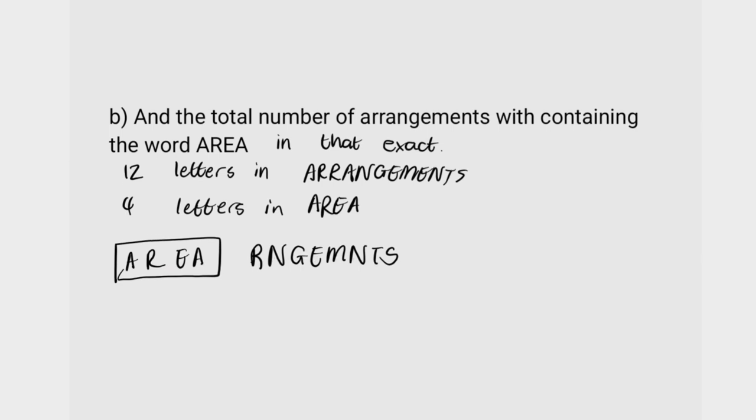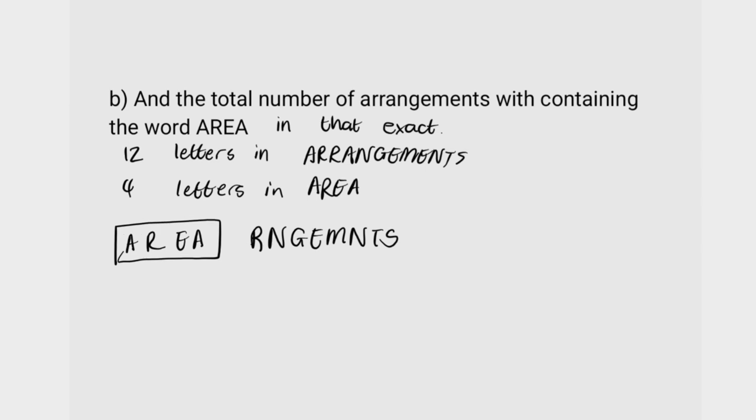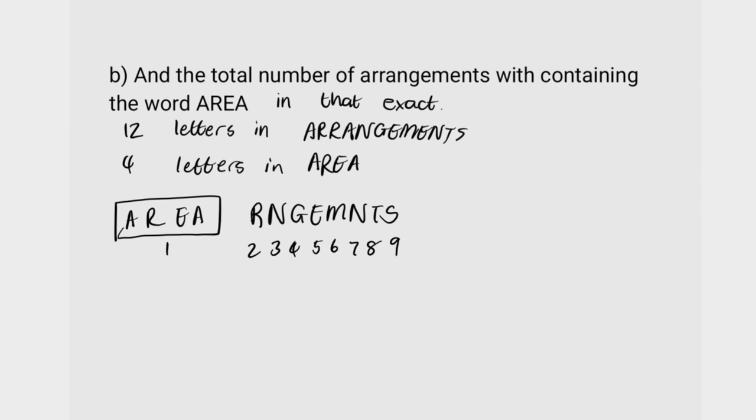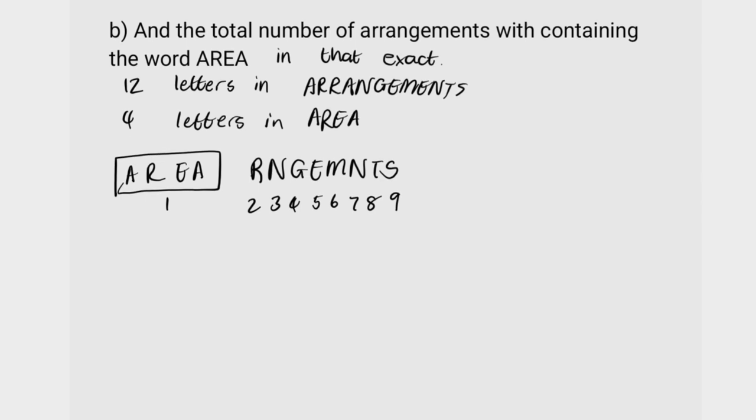Yes, there's 12. Now, treating this as one letter, we count 1 through 9. There are 9 letters in this case. Based off the multiplication rule, it's 9 factorial, but we should also have mentioned no repetitions.